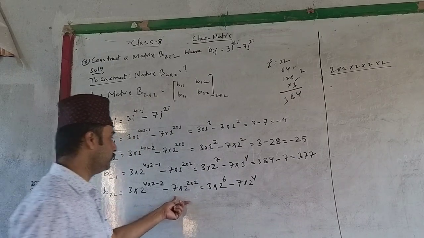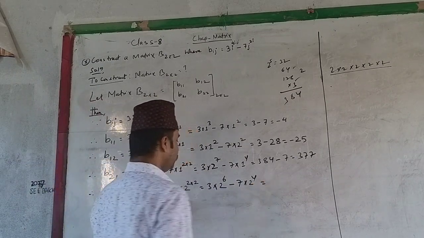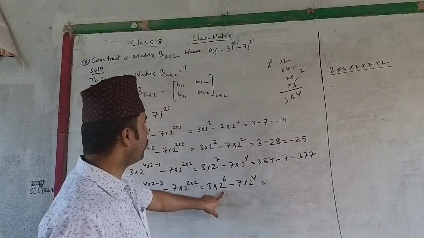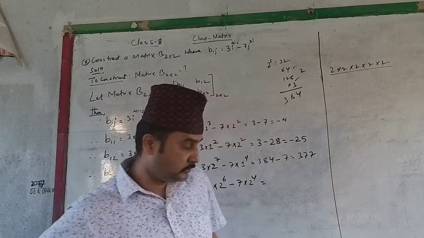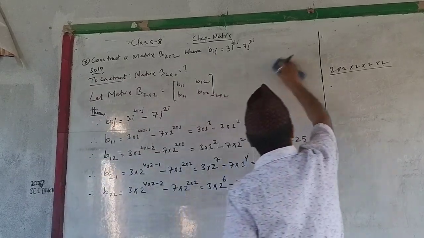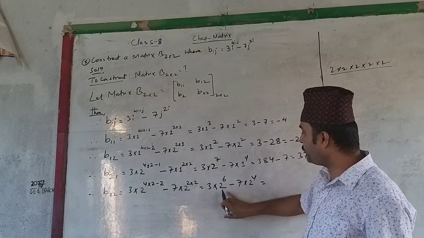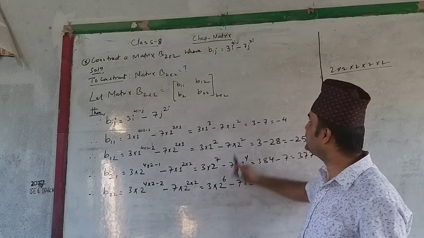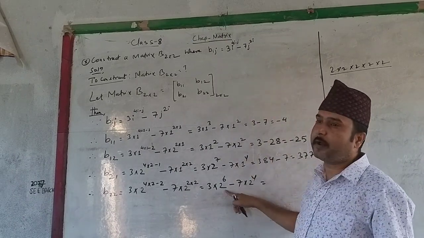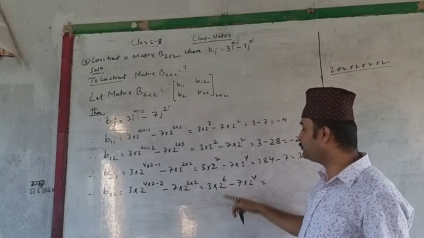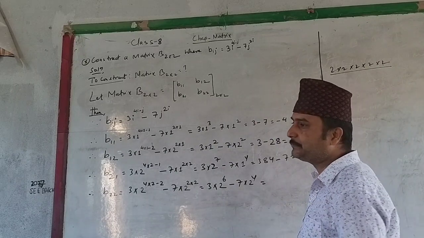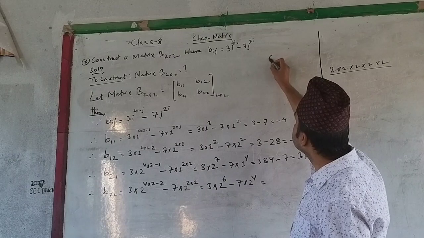This 4 is equal to, this is 2 power 6. 2 power 5 is 32 and 2 power 6 is 64, because 2 to the power 5 you have done this, 2 to the power 5 is 32 and 2 to the power 6 means 64.